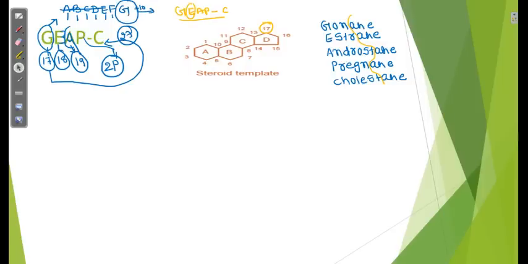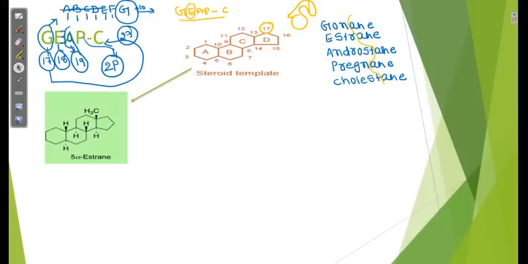I have given you this for remembering, with the numbering given like this. The next carbon is here. If you see, this is 18, and this is known as estrane.